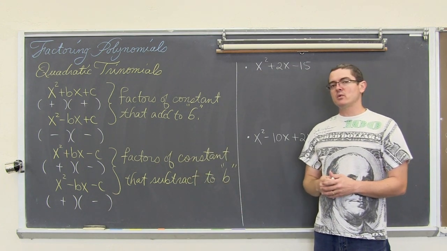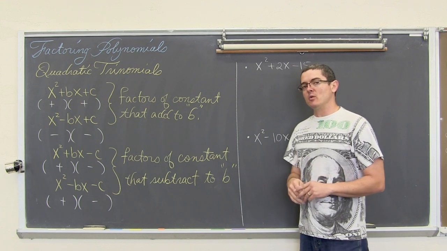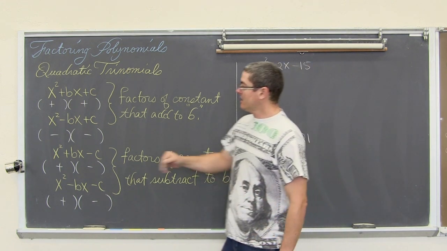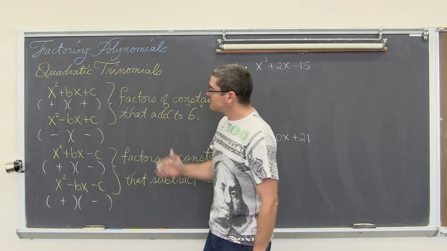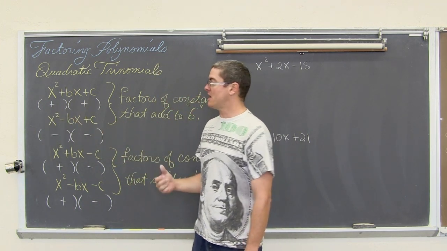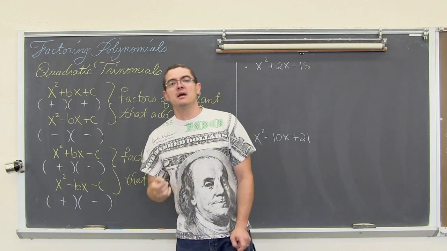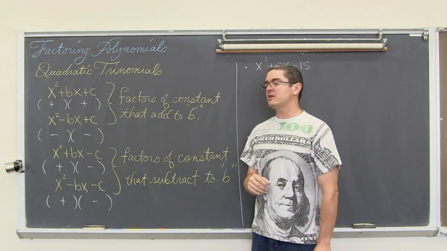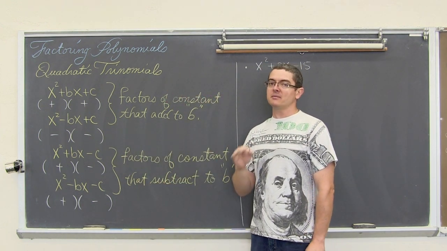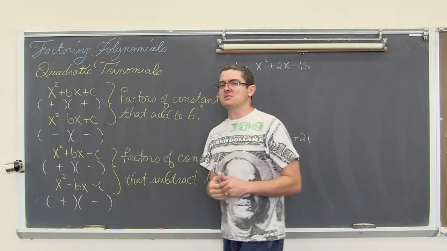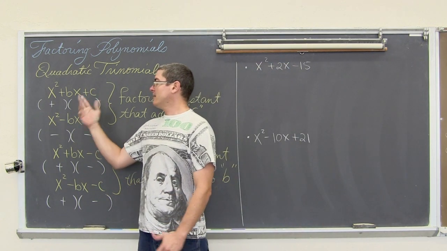So when you're factoring trinomials that have a degree of 2, and the leading coefficient is equal to 1, you want to look at the patterns of the signs. If the constant has a positive sign, then you're going to be looking for factors of the constant that add to the middle term of b. And if you do that, you'll automatically get these signs correct anyway, but let me just point it out to you.